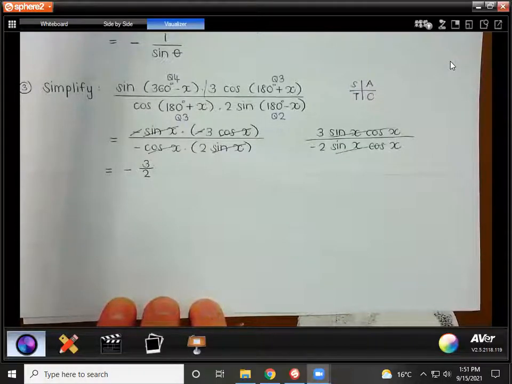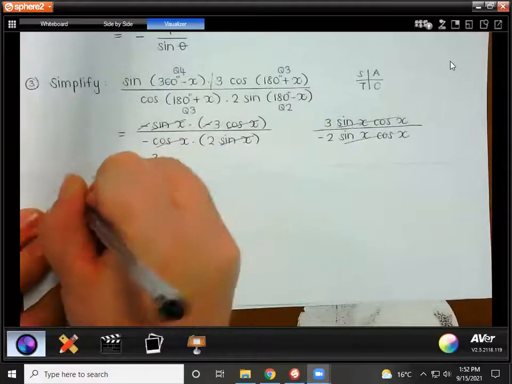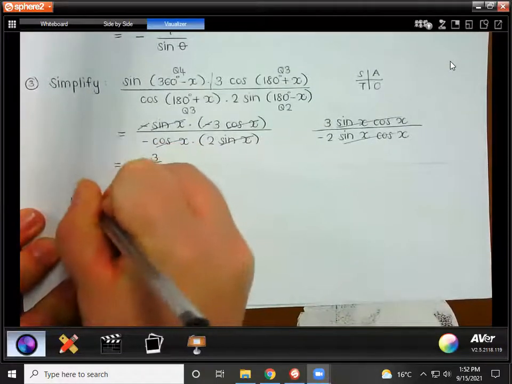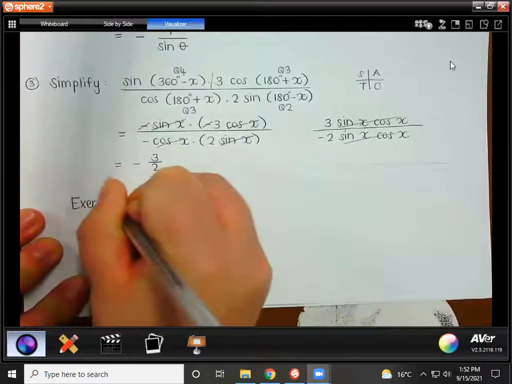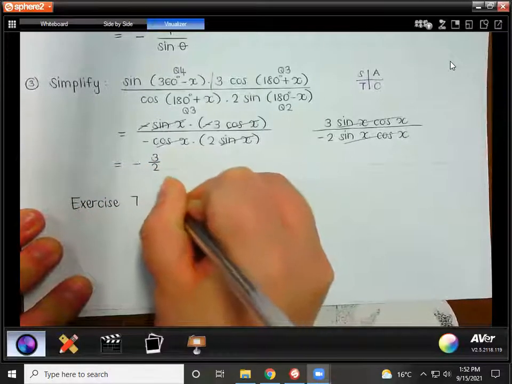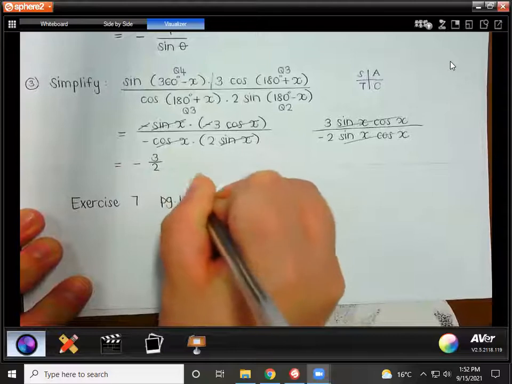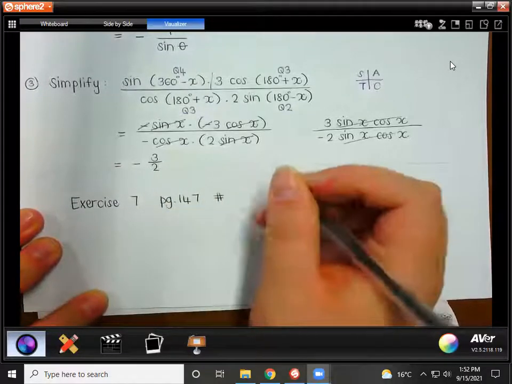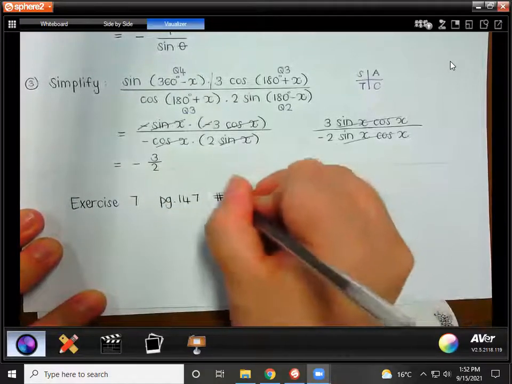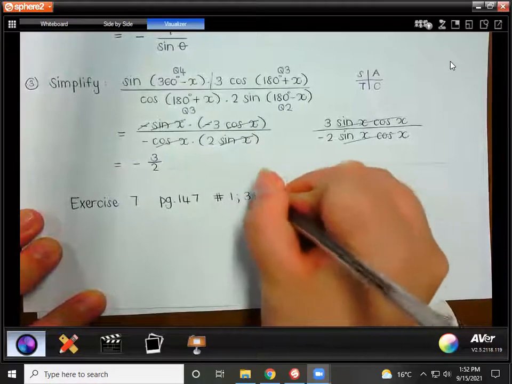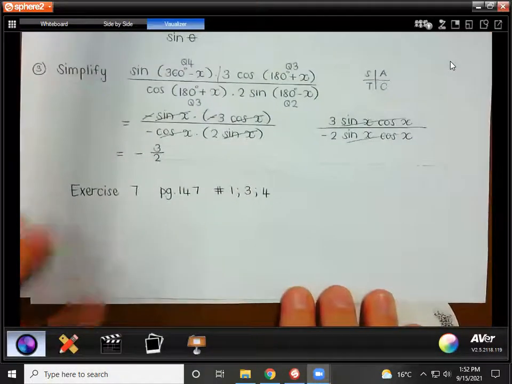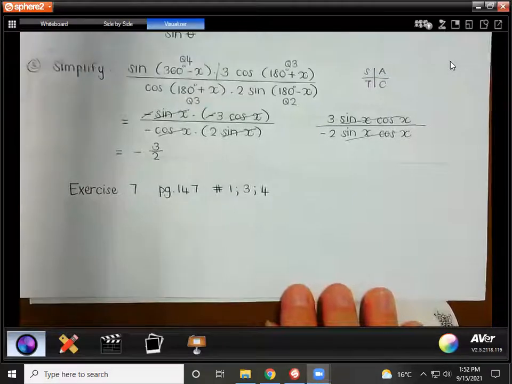Sorry, I'm just looking for the right page here. So exercise 7, on page 147. I want you please to do 1, 3, and 4. All right, so 3 of these types of questions.